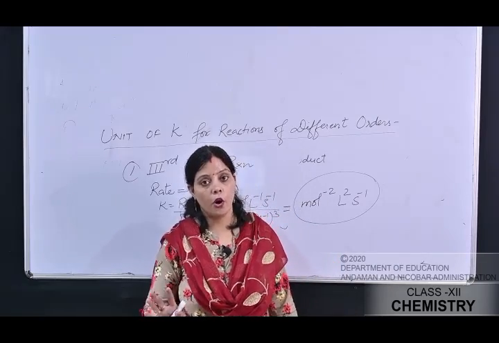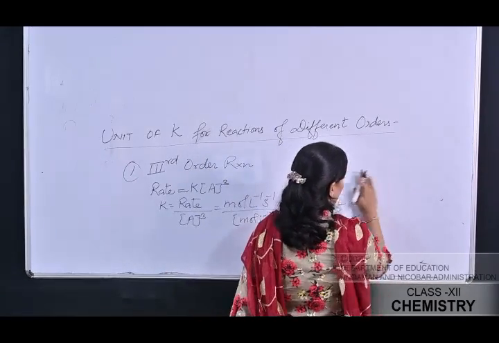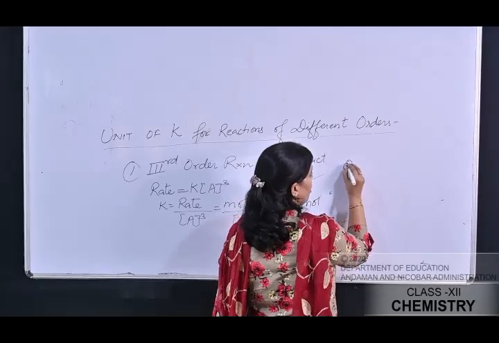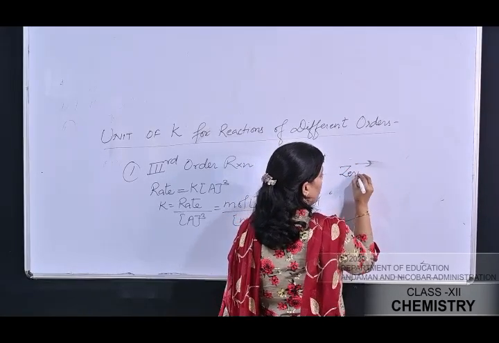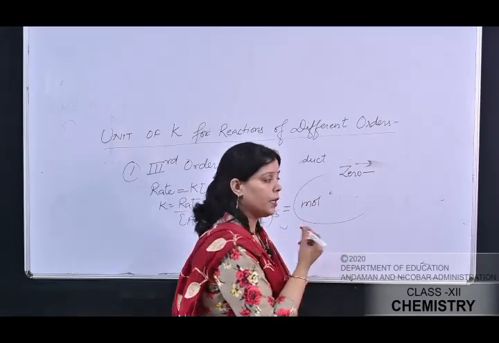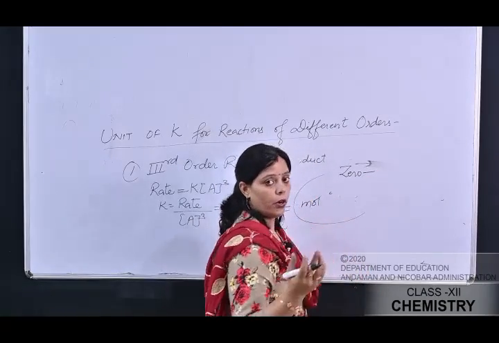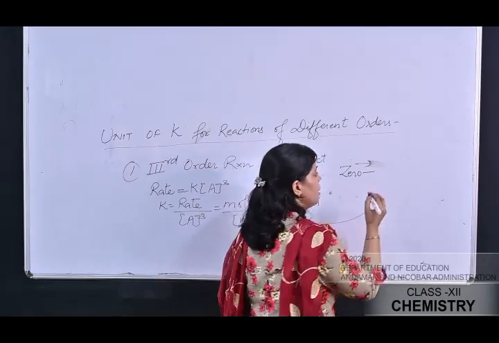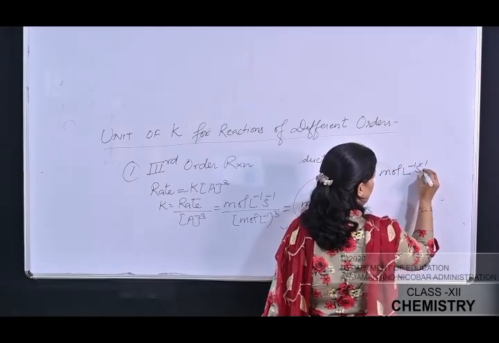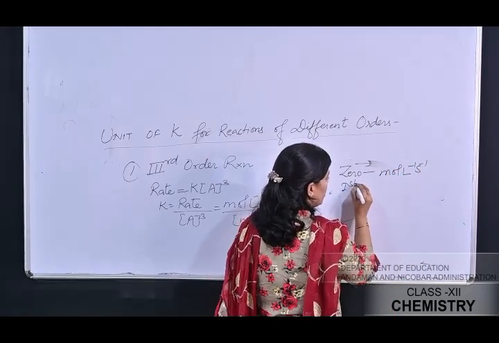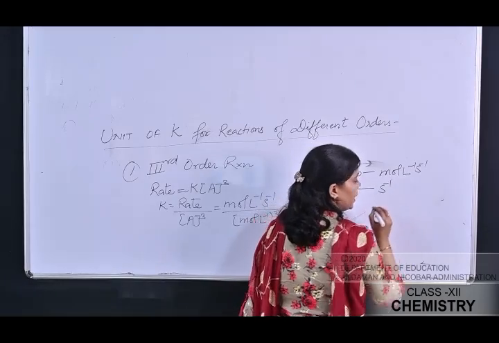So in short, for a zero order reaction, what is the unit of rate constant? We have calculated that for a zero order reaction, the unit of rate constant is the unit of rate of the reaction, that is mole per liter per second. Then for a first order reaction, the unit is second inverse.